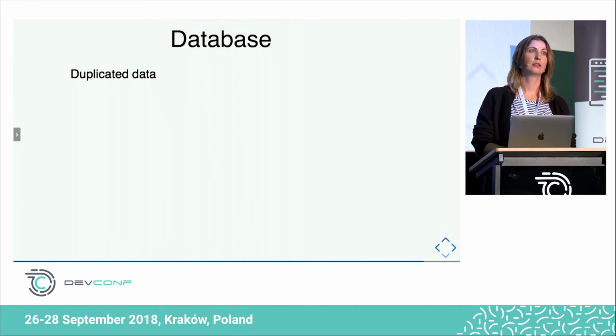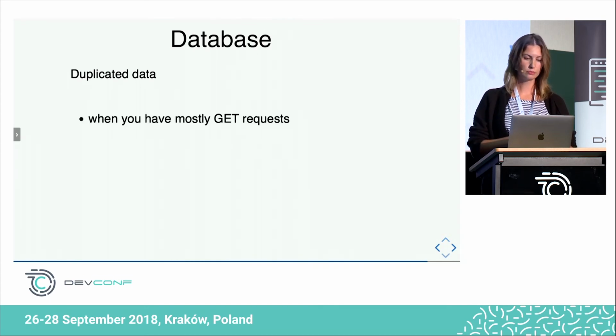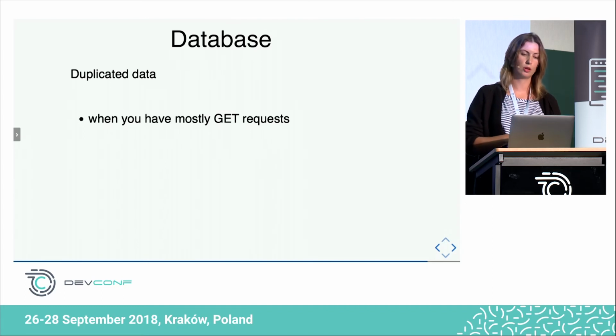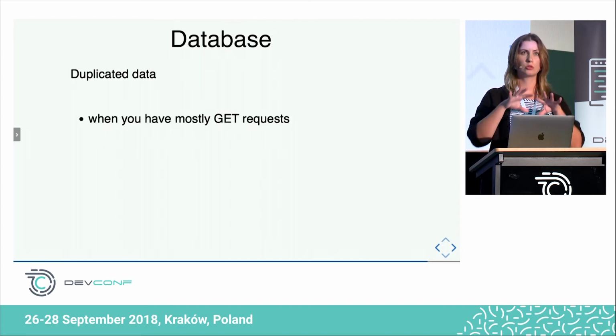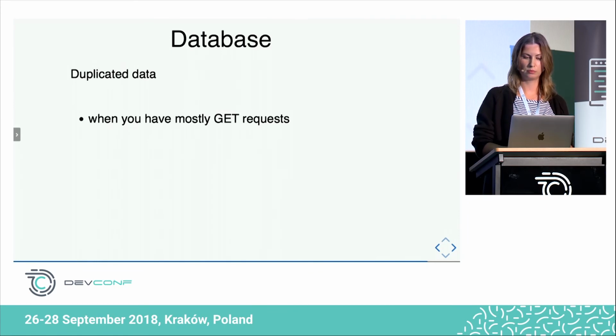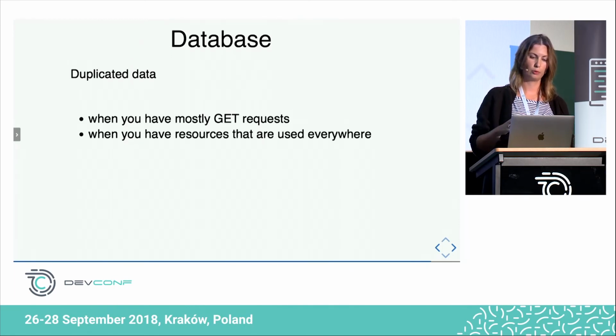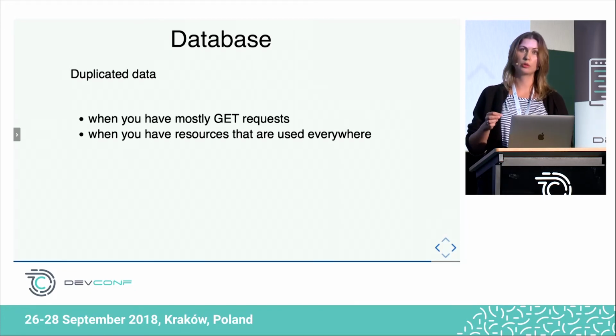Duplicated data. If you're not with the monolith anymore, you probably know this concept. It's still a little bit controversial, and it should be used when you have mostly GET requests, so you store the data in many places. So you read more often than you write. When your resources are used everywhere, for example, for us it's product.